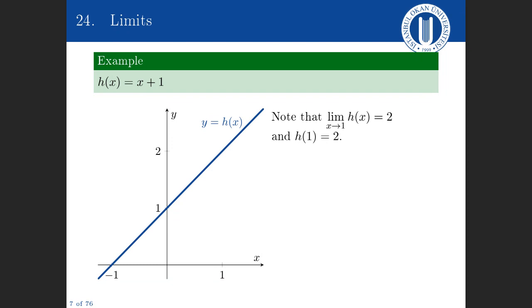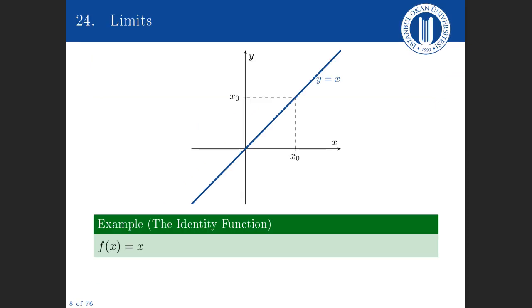And for this function, the limit is the same as the value of the function at 1. That was 3 different functions which had the same limit but with different behaviors of the value of the function at 1.